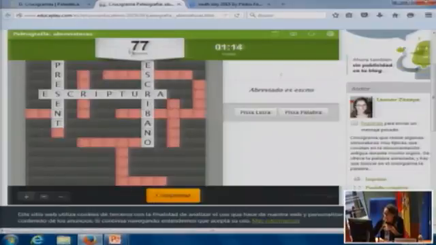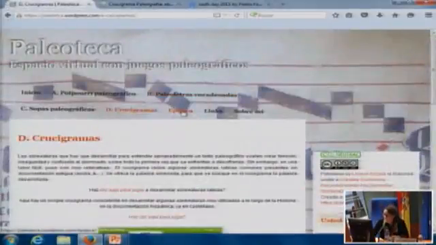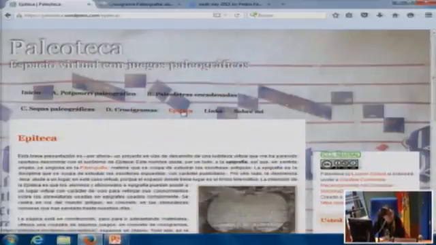So you have only these points, time is going, but I'm not penalizing with the time. You have more in the Epiteca, but this is only about paleography.